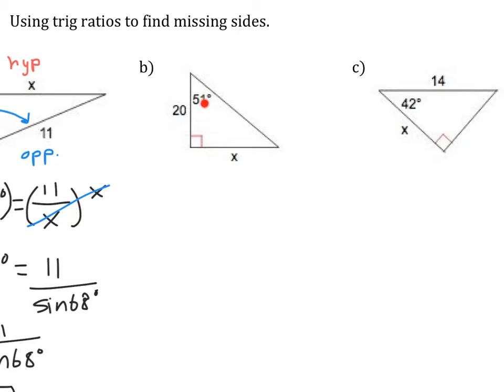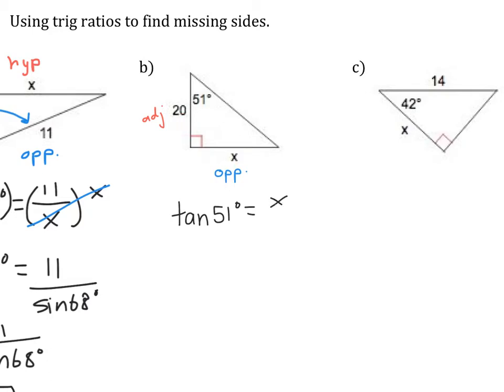Again, in reference to the angle we're working with, this angle 51 degrees, if I look across from it, I see x. This would be the opposite side. And then this is our hypotenuse, so this must be the adjacent side. So then I ask myself, which trig ratio uses opposite and adjacent? And that would be tangent. So we know that the tangent of 51 degrees, tangent is by definition opposite over adjacent.